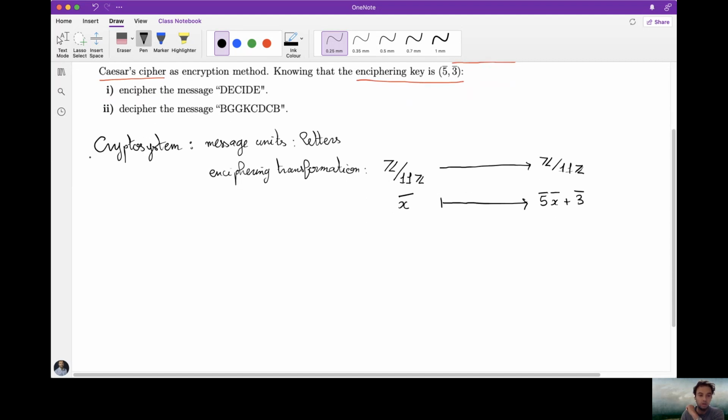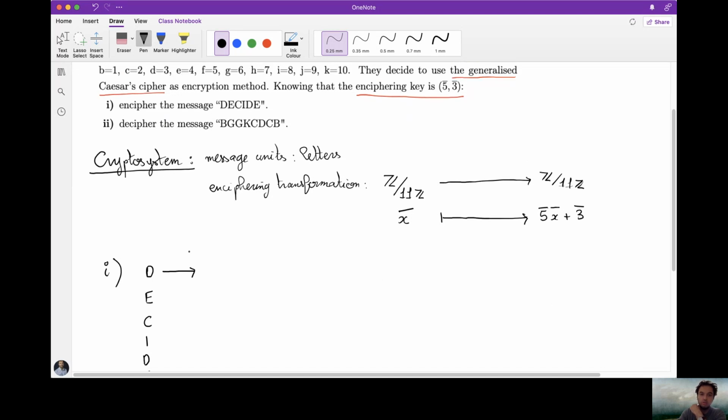Okay, so let's work on this first question. Question 1, we have the message decide. We know what the enciphering transformation is, so we simply need to apply it. We will just need to transform each of the letters here into a number. So decide, let us write them all here as numbers.